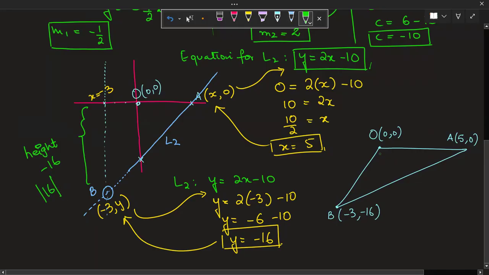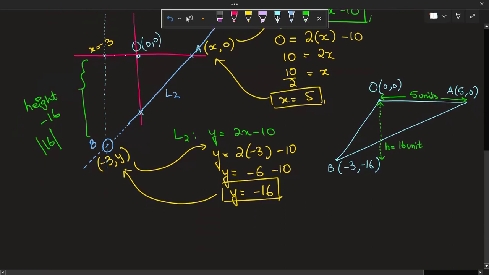So height would be 16 units. Okay. And the base is how much far from the origin? It is 5 units. Okay.